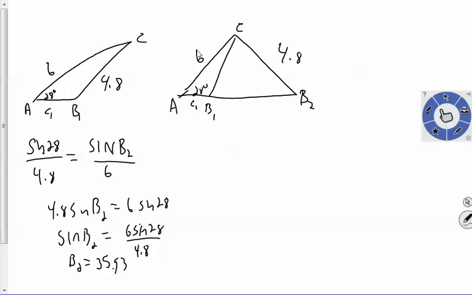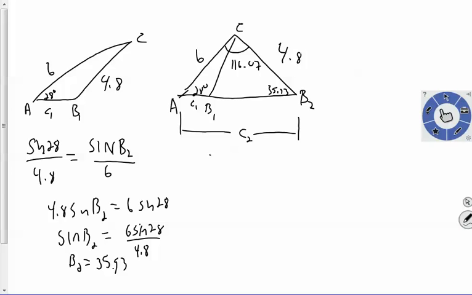So how do I get this distance? I guess we'll call this C2. Well, I already have this to be 35.93 degrees, right? So this angle right here must be 116.07.